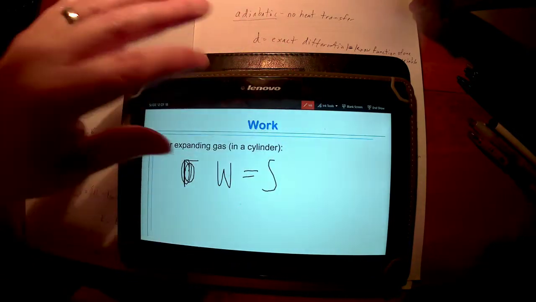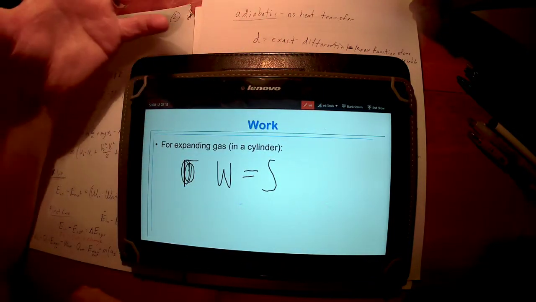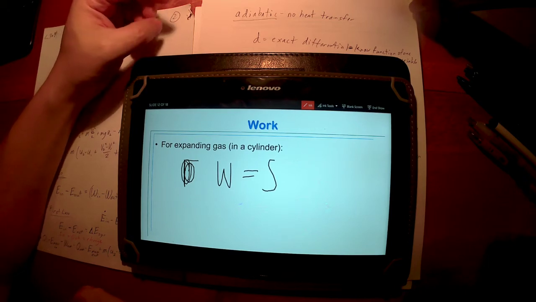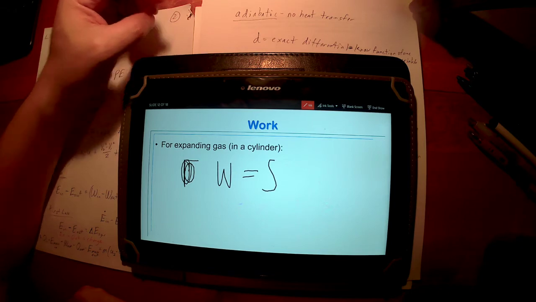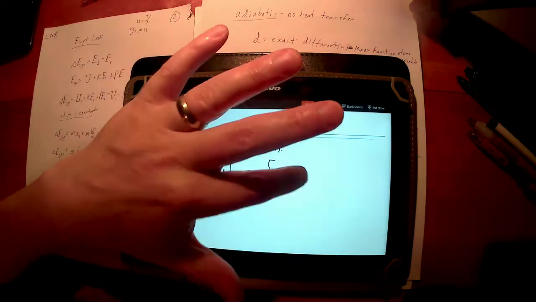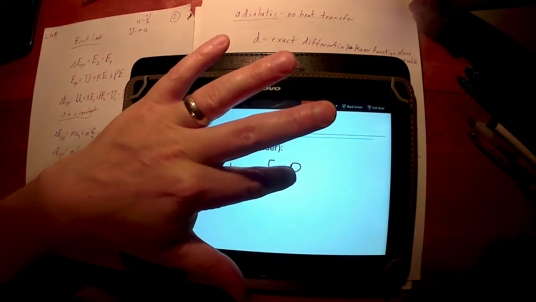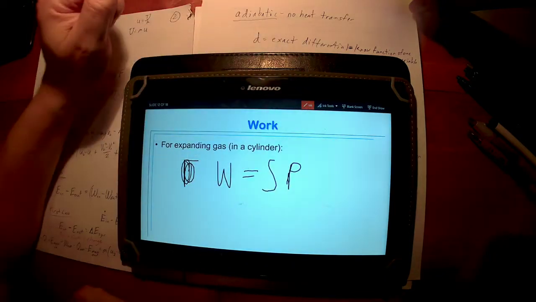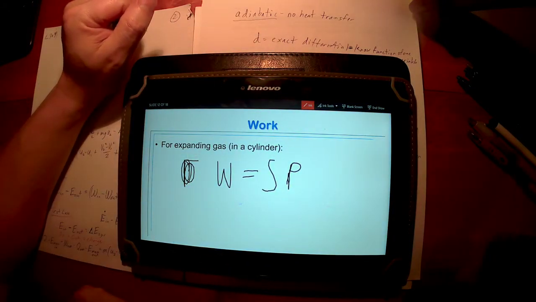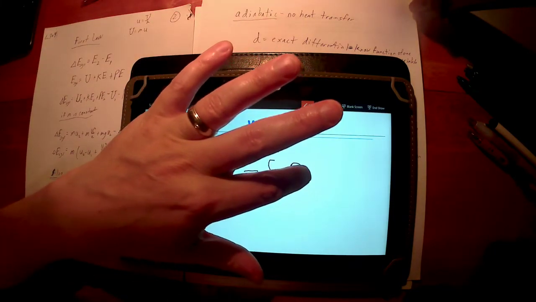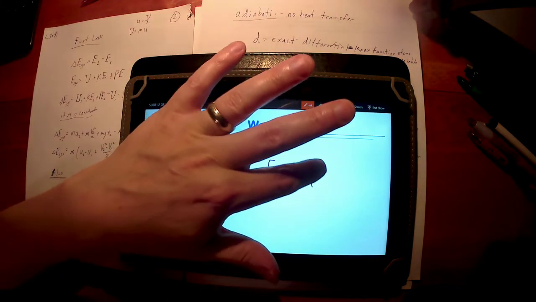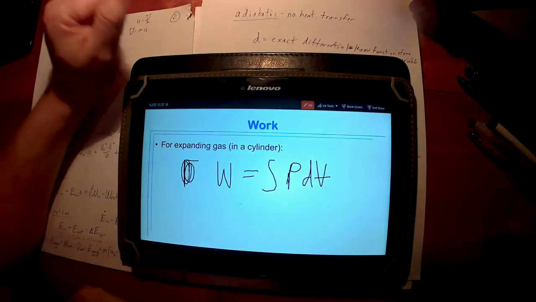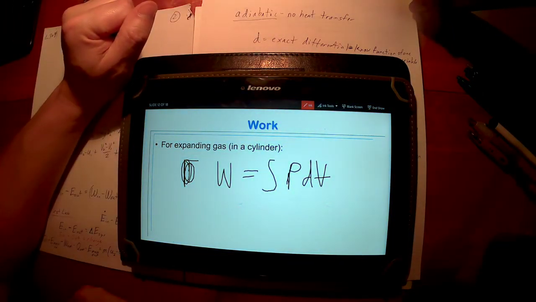If I've got a gas trapped in a cylinder and I heat that gas up and that gas wants to expand, it's going to cause that cylinder to expand because the pressure inside that cylinder increases or decreases as I add or remove heat. And the distance that pressure travels is through the volume of the system. Work is equal to the integral of pressure with respect to volume.